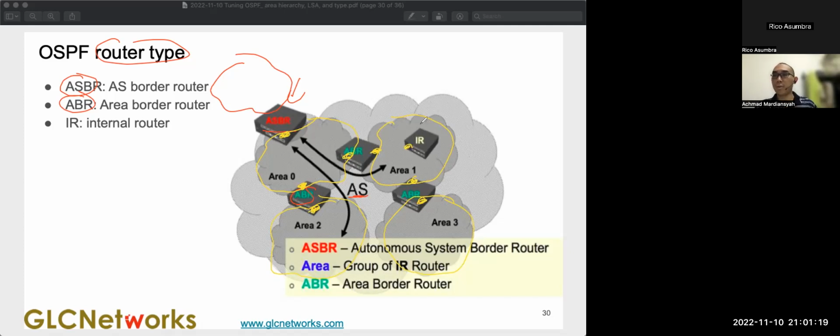So if the router connects to two different areas, it's called ABR. If the router is inside that area, it's called IR, internal router. As simple as that.